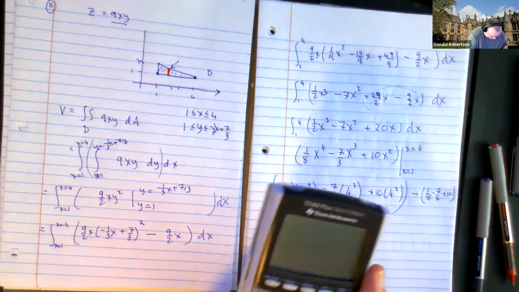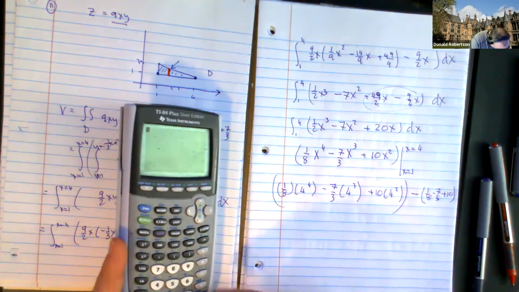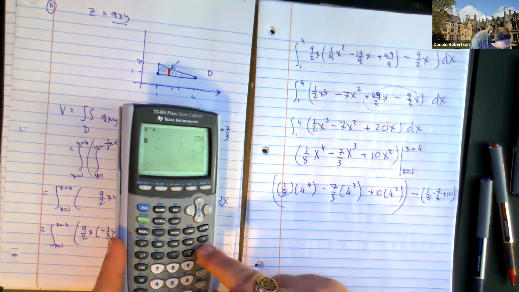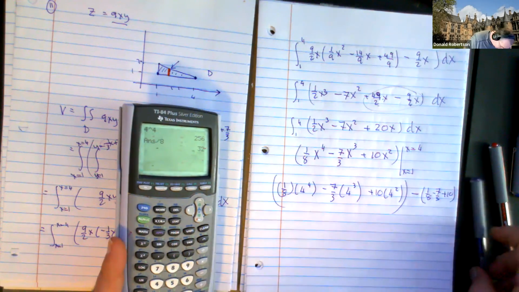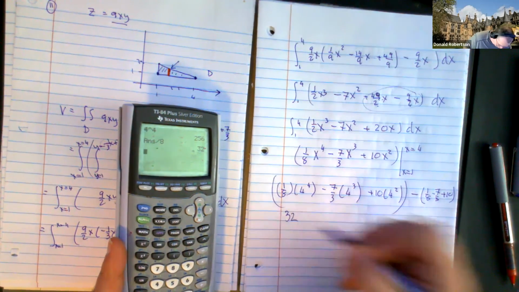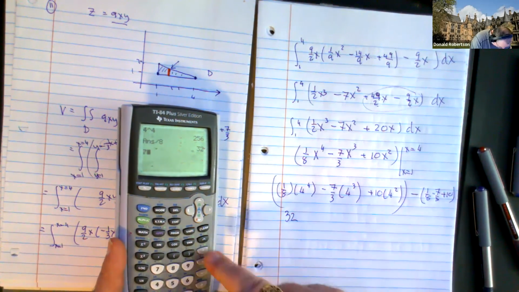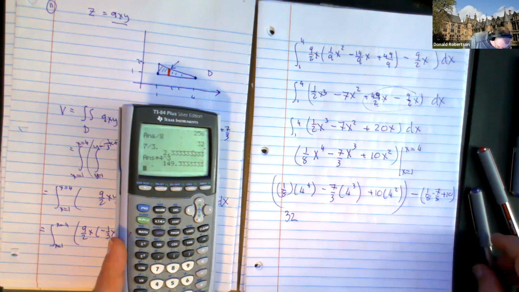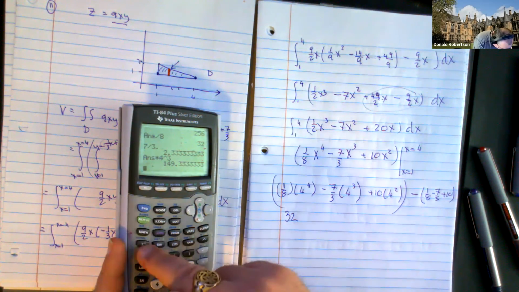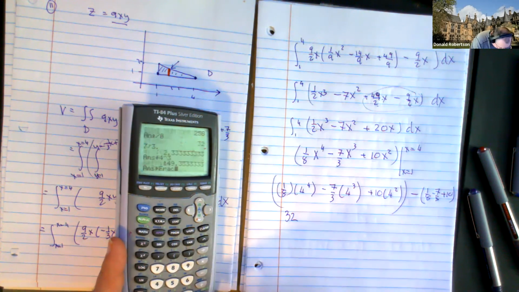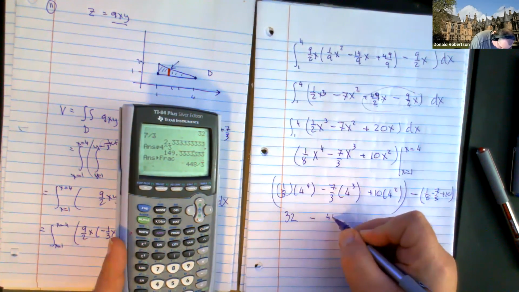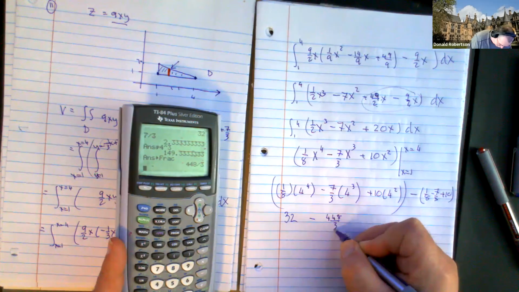God, this is not going to be pretty, but here goes. 4 to the power of 4 divided by 8. Oh, that one's pretty. It's 32. 7/3, which is that guy, times 4 cubed, which is that guy, turned into a fraction, gets you negative 448/3.